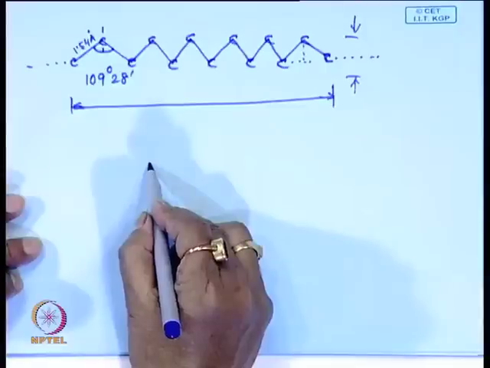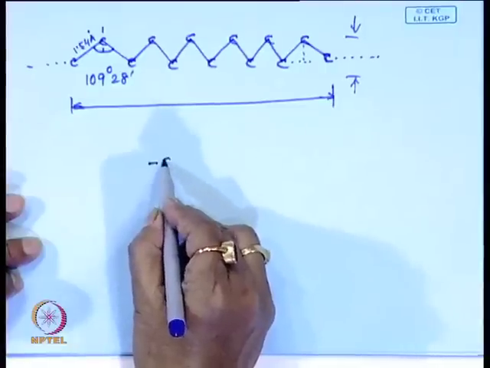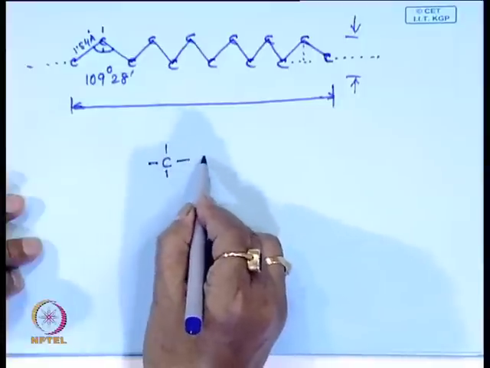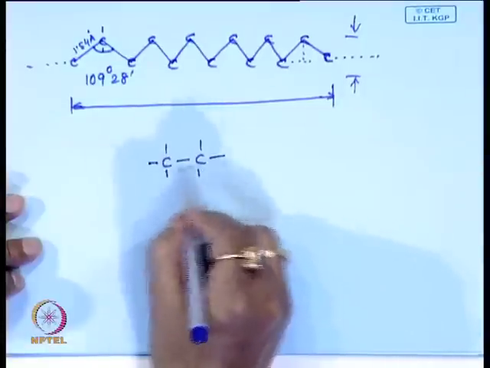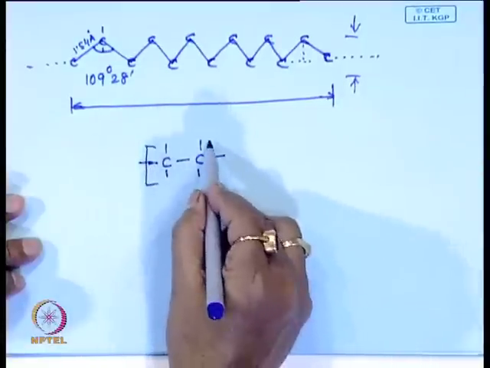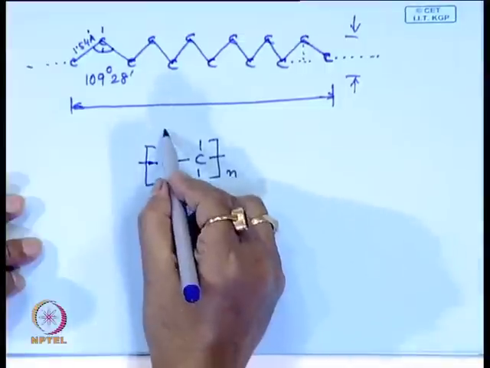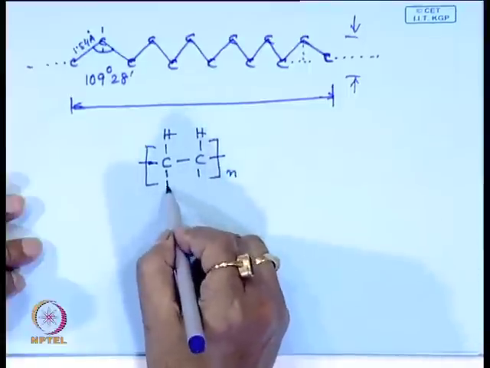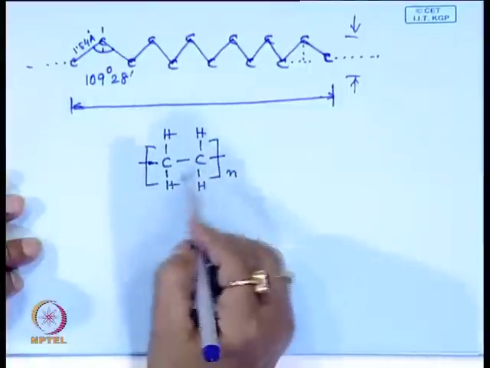Say, if you think of polyethylene, it contains carbon and hydrogen. So, we can say very easily that it is a hydrocarbon material.